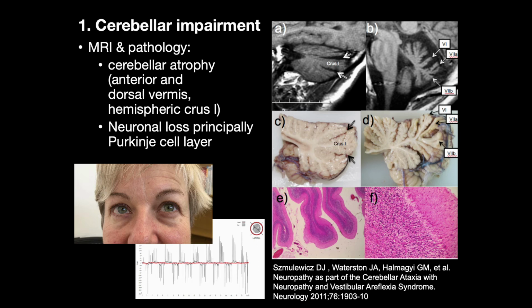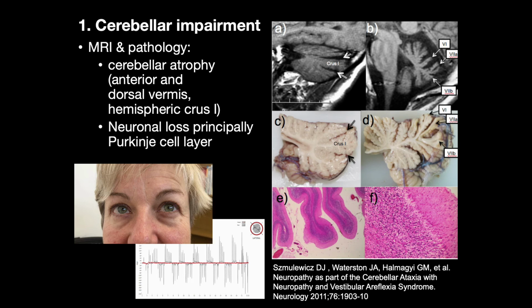Under high-power microscopy in panel F, you can see the white line travelling vertically is the Purkinje cell layer, and this was the principal cell population involved in CANVAS.